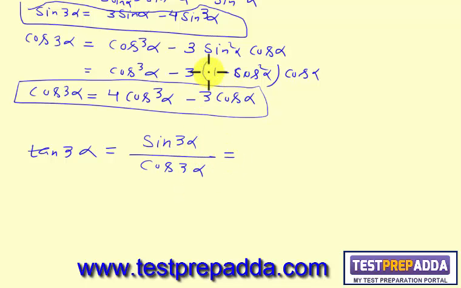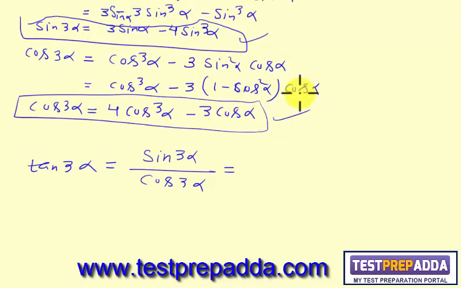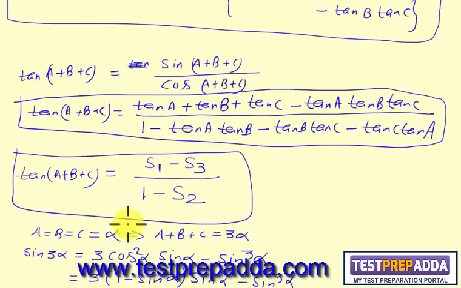You can substitute these values here, or even you can directly use the identity of tan A plus B plus C. Here if I write A plus B plus C as 3 alpha, it means tan alpha plus tan alpha plus tan alpha, so this is 3 tan alpha.